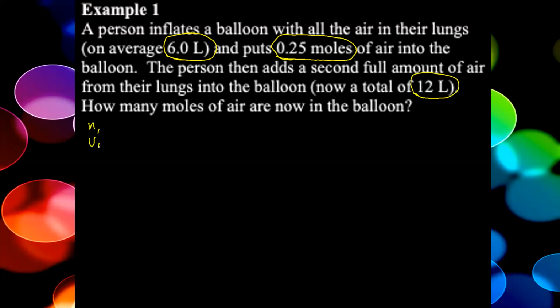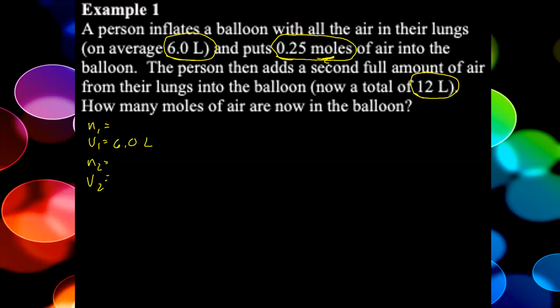So let's make our little chart. And what would liters be a good label for? Volume, right? L, liters, would be a great one for volume. So let's call that V1.